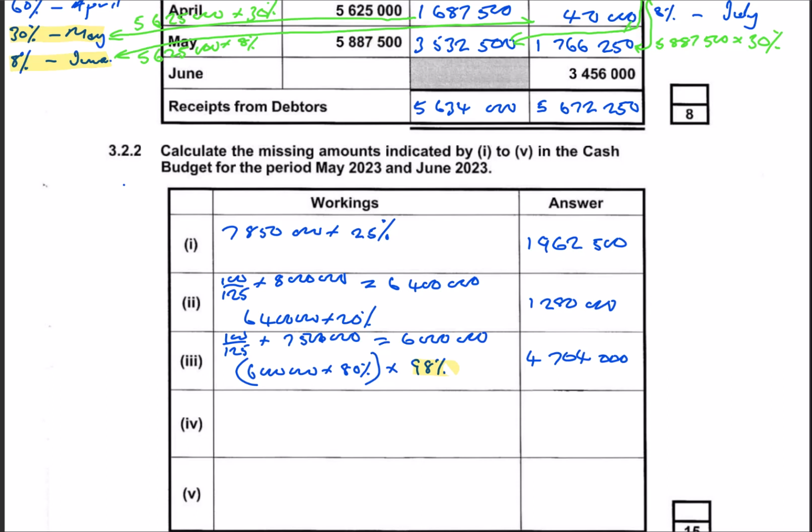That will be 4 times 12, which gives you a total of 48. 4 times 12 is 48, that's 48 months.